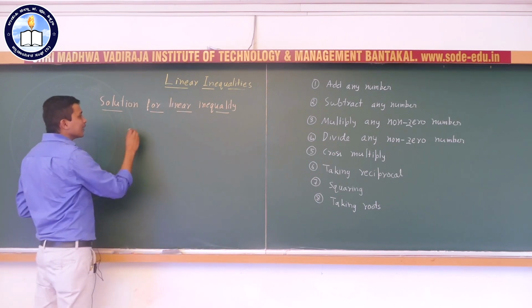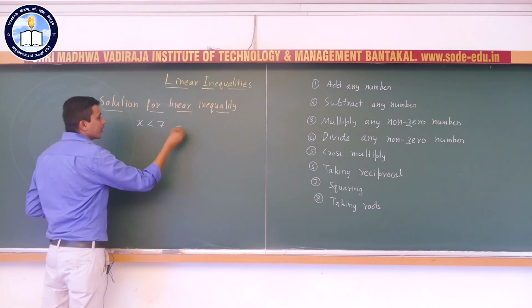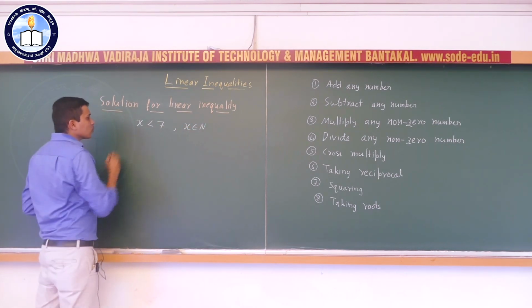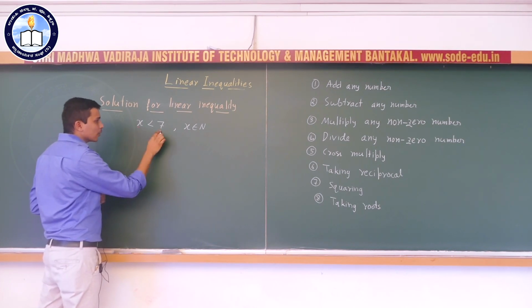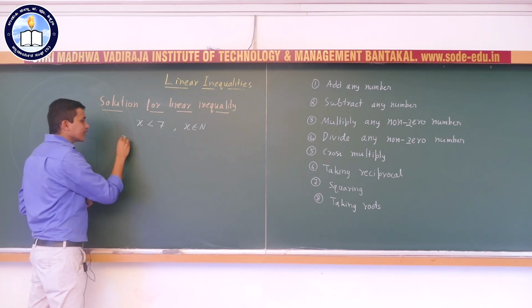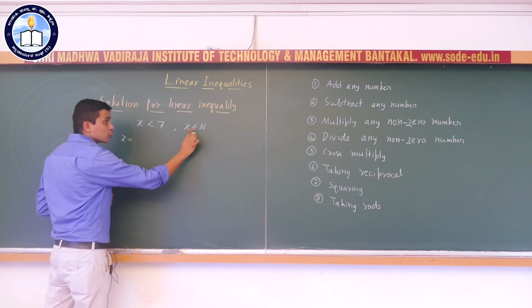Suppose you have a linear inequality like this one, x is less than 7, where x belongs to the natural numbers. In that case, what are the values of x so that this inequality becomes true? x should be less than 7, and it should be a natural number.